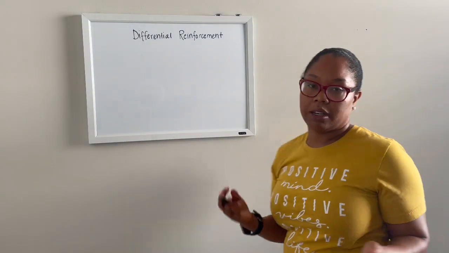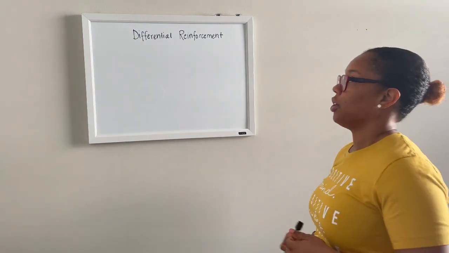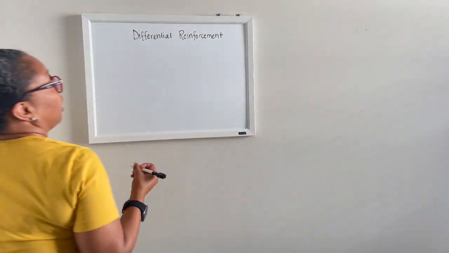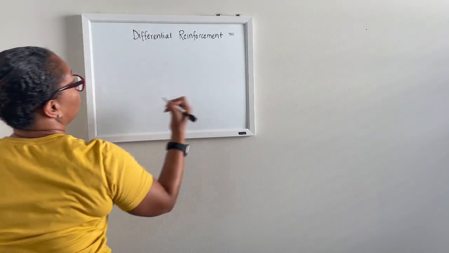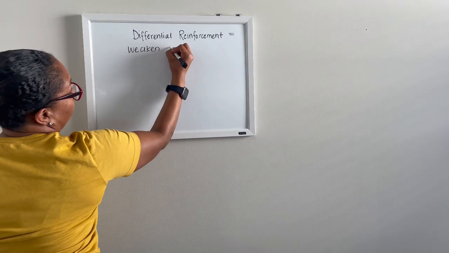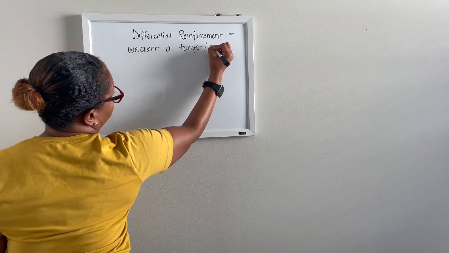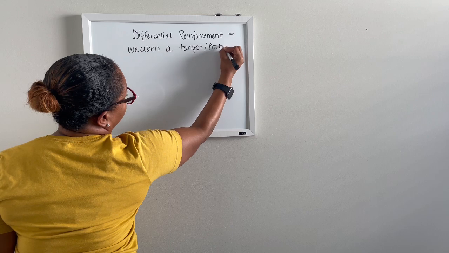So for note-taking purposes, what I would write for differential reinforcement is that its goal is to weaken a target/problem behavior.